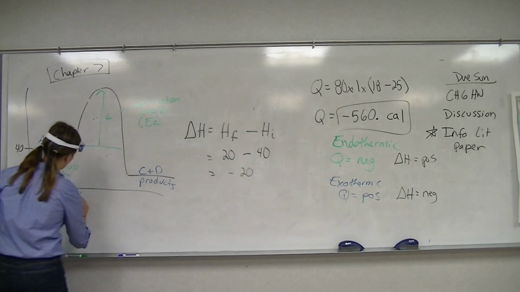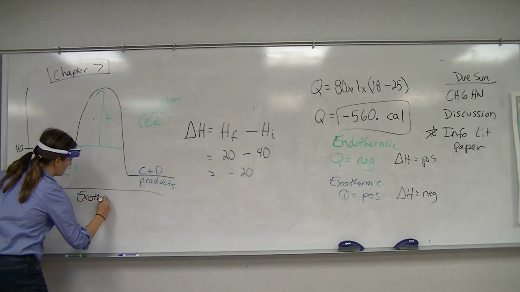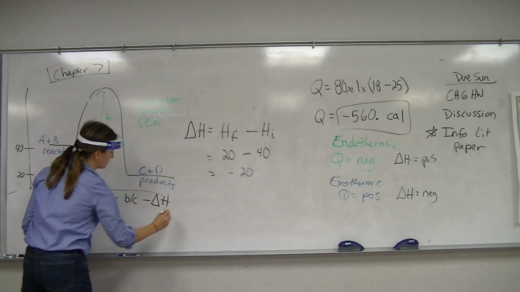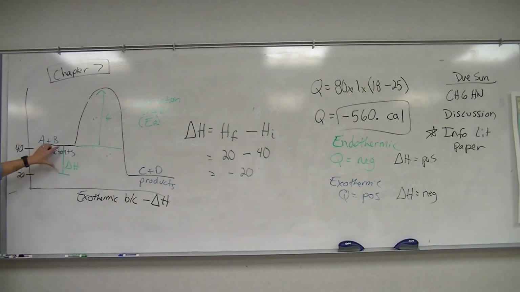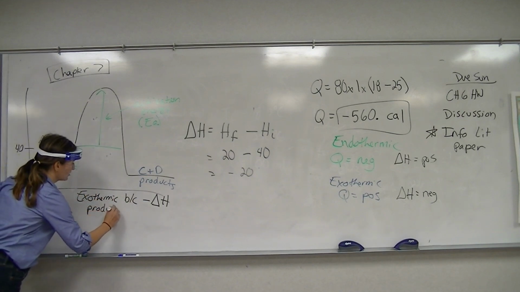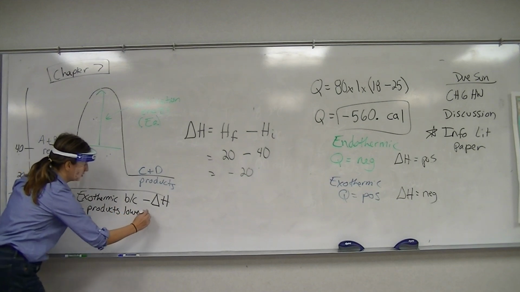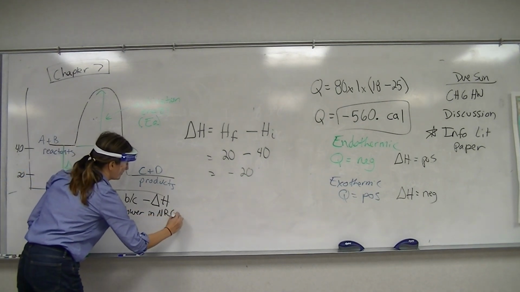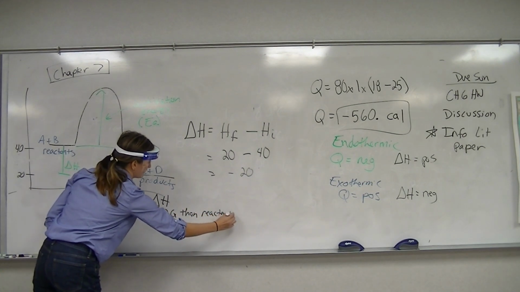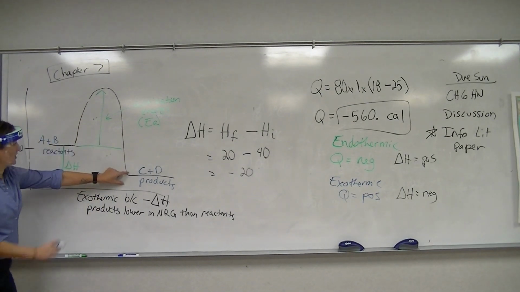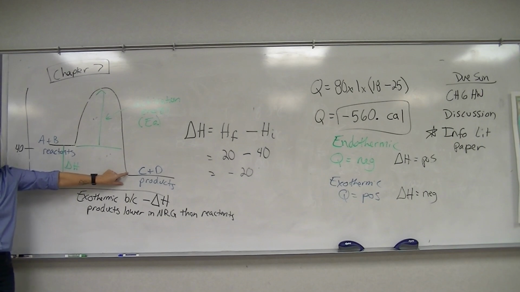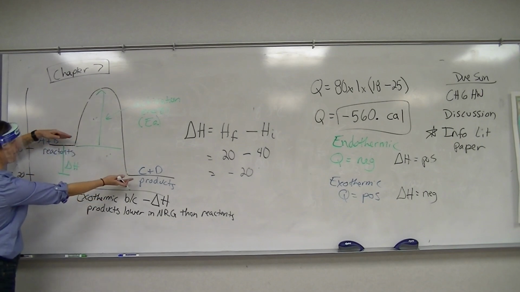So this reaction is exothermic because it had a negative delta H. And you'll always see a negative delta H when the products are lower in energy than the reactants. So if my products are down here and my reactants are anywhere up here, it's going to be exothermic every time. That's why you don't need to know the numbers themselves. You just need to see where they are.